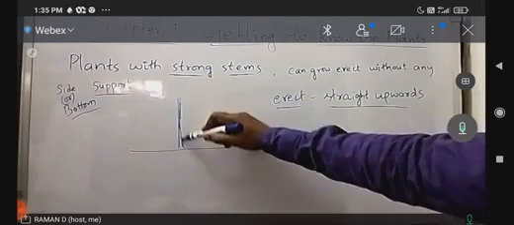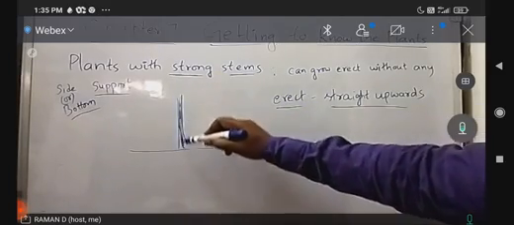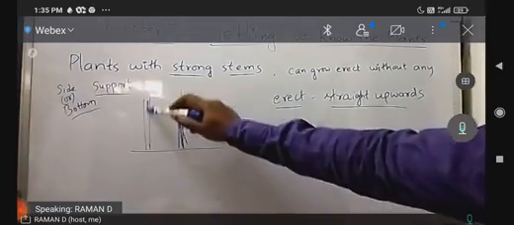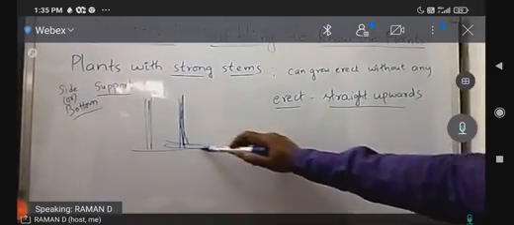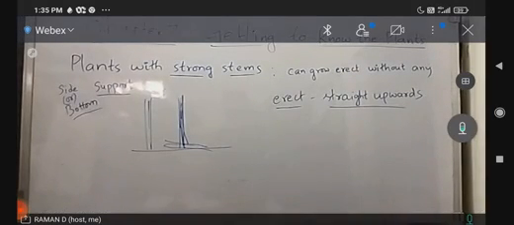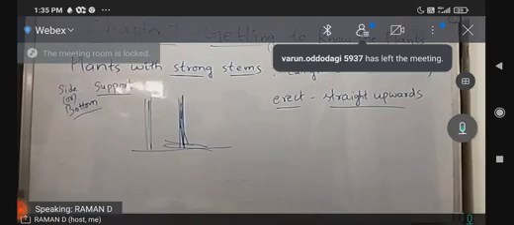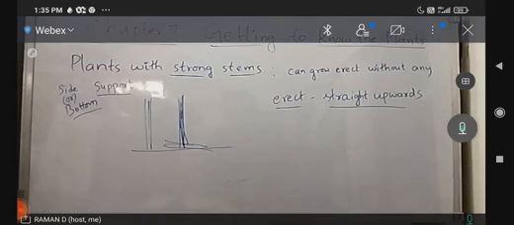A plant with a strong stem does not require some supporting side structure or some supporting bottom structure. Is that understood to all of you? How does a herb grow erect without any support?